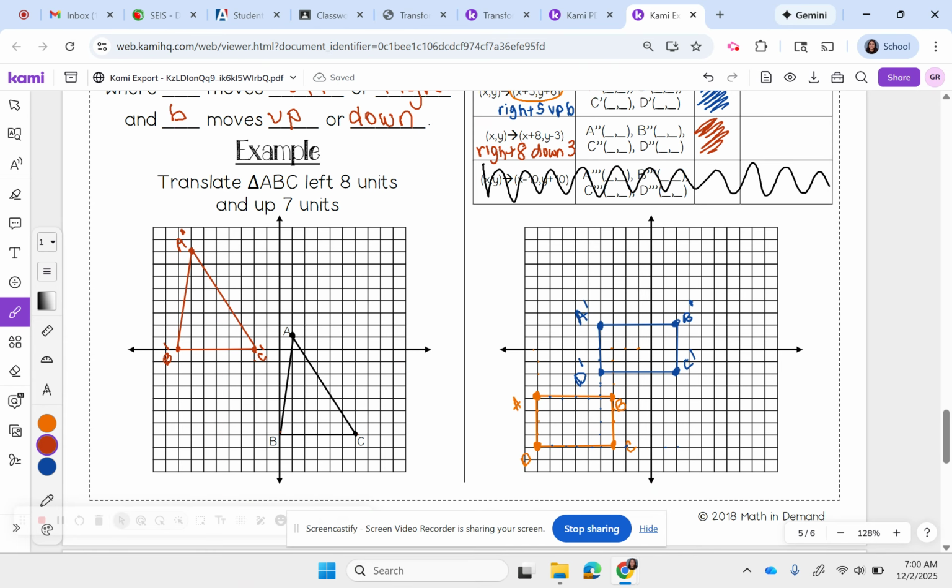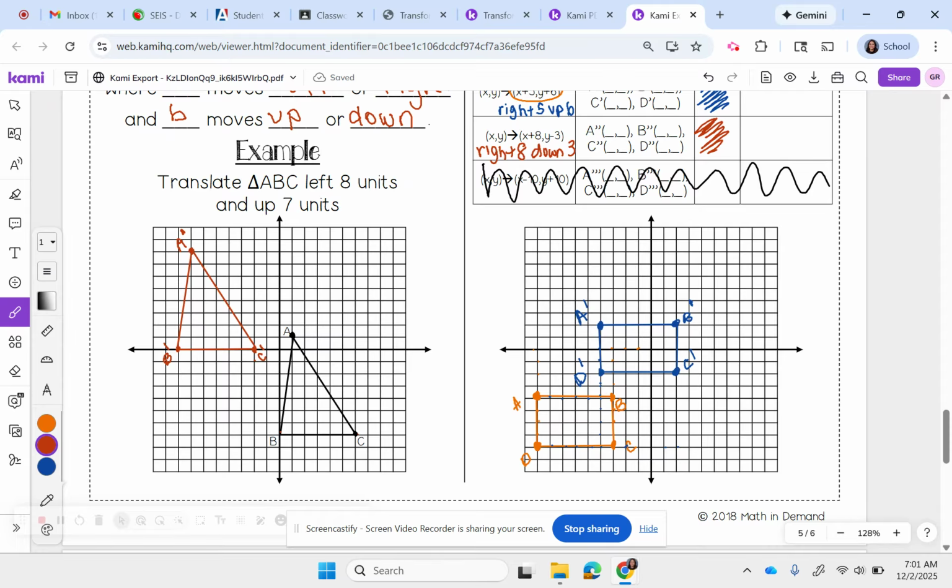Here we go. Let's do the transformations again.